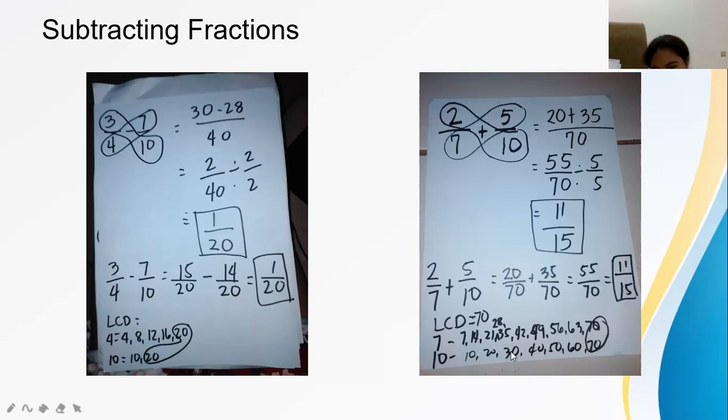So, the LCD is 70. Okay, so we write 70 in the denominator. Then 70 divided by 7 is 10 times 2 is 20. Then 70 divided by 10 is 7 times 5 is 35. So 20 plus 35 is 55 over 70. So again, just like before, we divide both by 5. So we have 11 over 15.